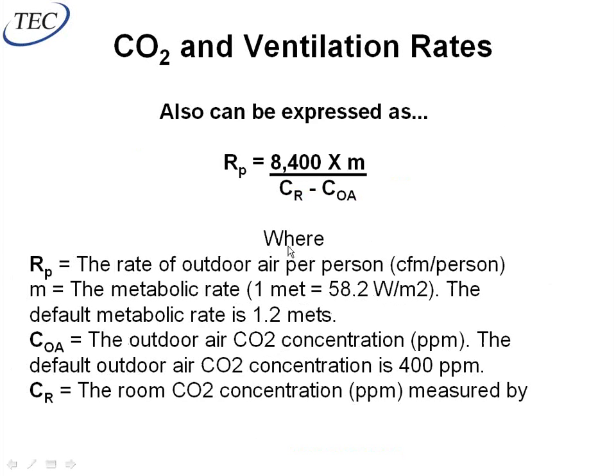Or another way to express it is the outdoor rate per person that we need, the CFM per person, is equal to this constant, 8,400, times the metabolic rate, the activity level, divided by the difference between inside and outside CO2 levels. So if I need 15 CFM per person and I know the outside CO2 level and I know what activity is going on in the space, I can easily calculate what the CO2 set point inside should be.